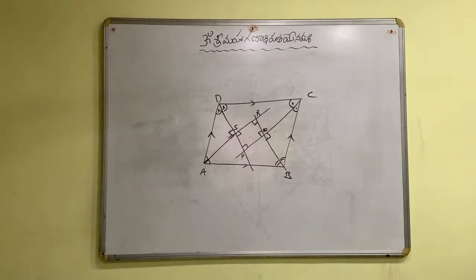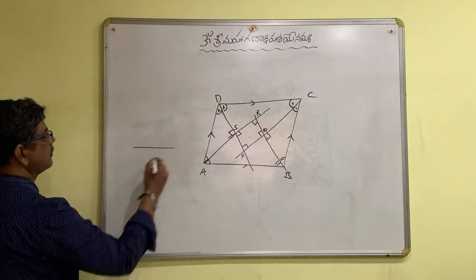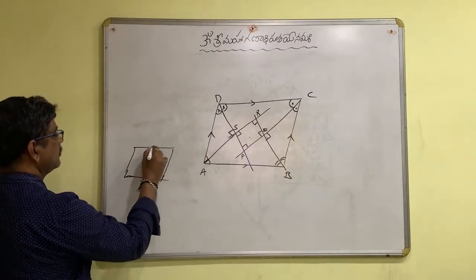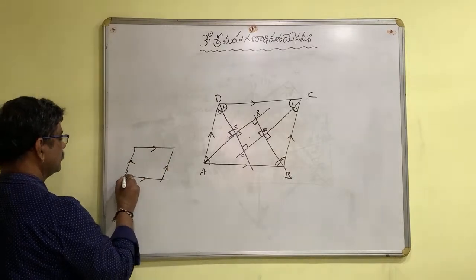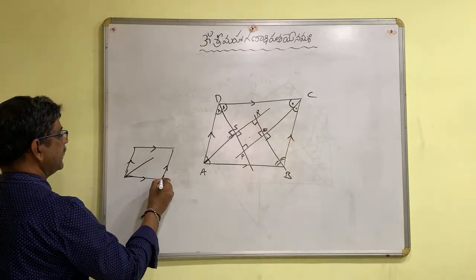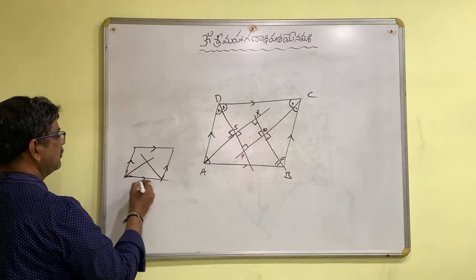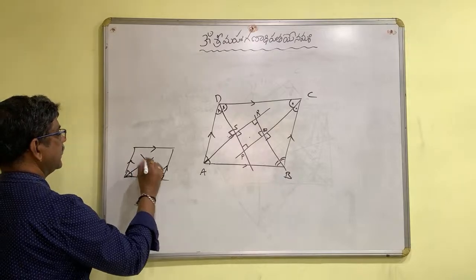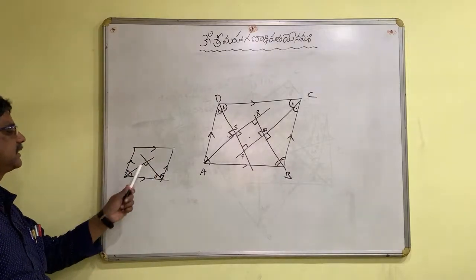So the result we used is: this is a parallelogram. This is one of the adjacent angles. This is another adjacent angle. These are the bisectors, and this angle is 90. Angle between the bisectors is 90.